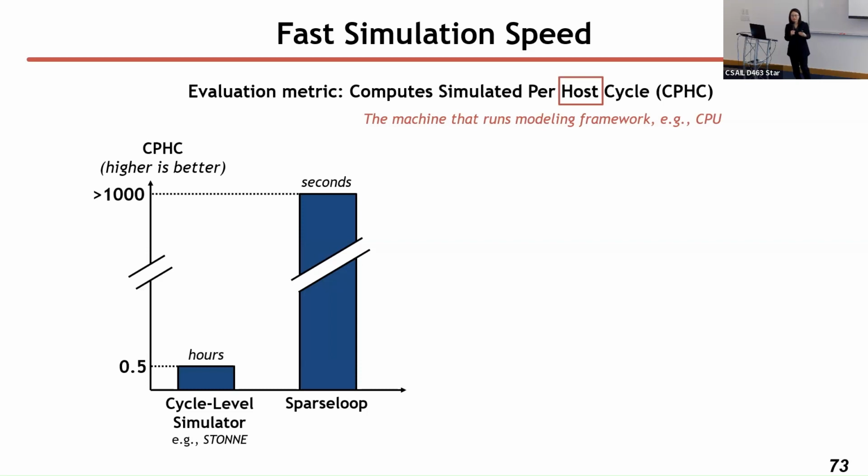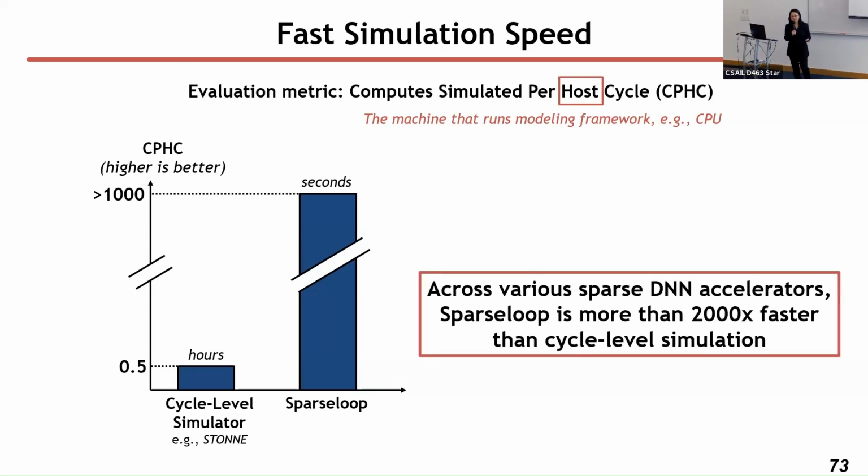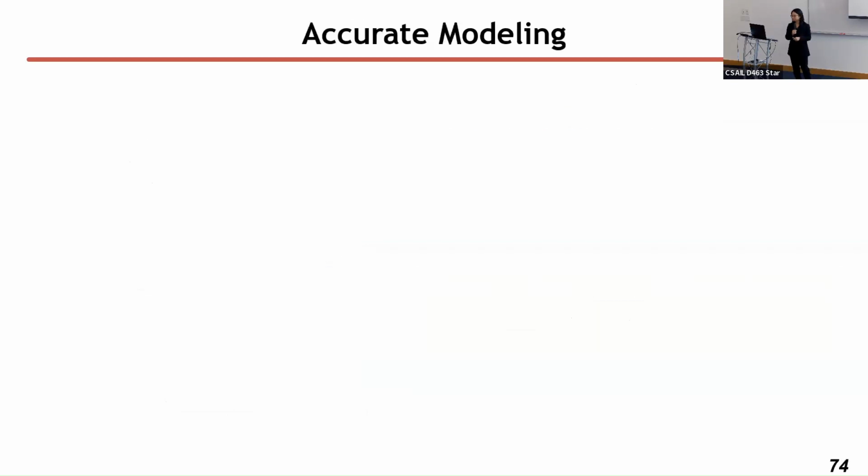With analytical modeling, you'll achieve less than a second or seconds speed. As I've said, we have validated this across various DNN accelerators, and it's always 2000x faster if we just perform analytical modeling than cycle-level simulation.